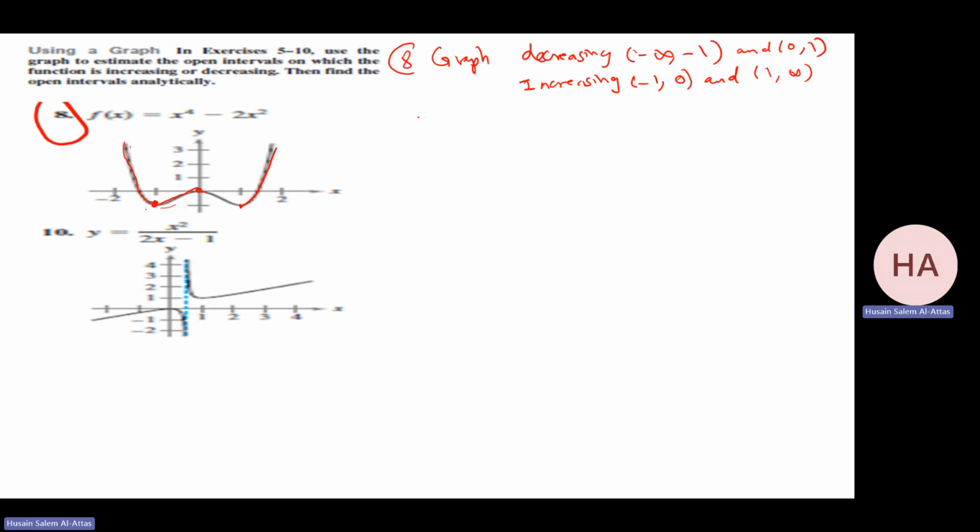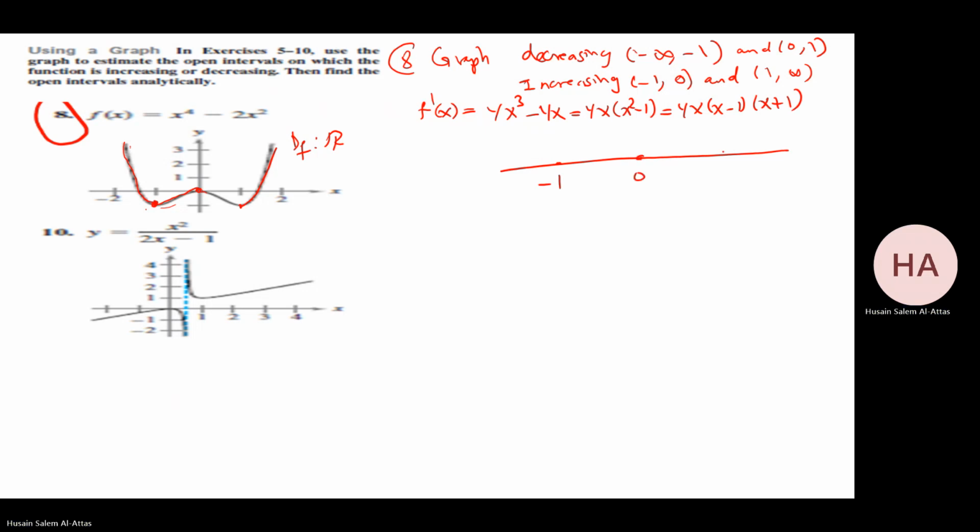Analytically, or the calculation, the domain is all real numbers. So I'll find f prime. That'll give me what? 4x cubed minus 4x. Take 4x out, and I get minus 1 and 1. Take a value, minus 2. That will be negative, negative, negative, so negative.